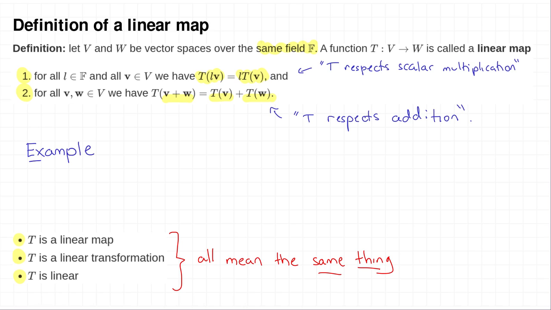I'm going to introduce some notation which is standard and which we'll use again and again. So let's let A be an m by n matrix whose entries come from a field F. We're now going to define a function T sub A, which will be a function from F to the n, so height n column vectors with entries from the field F, to F to the m.